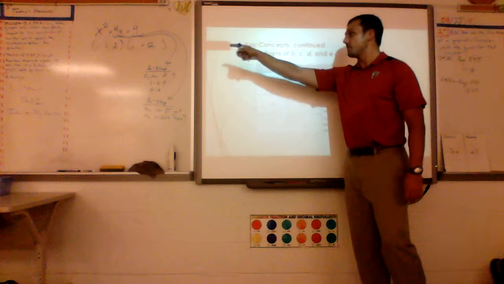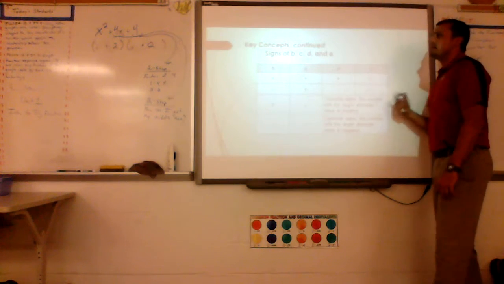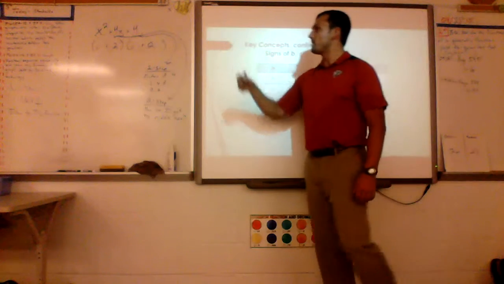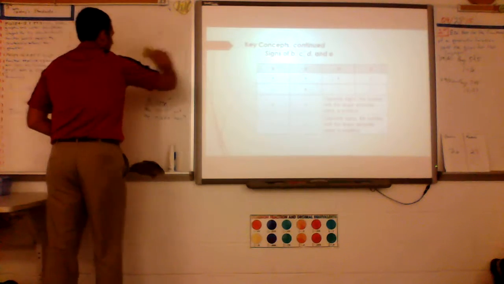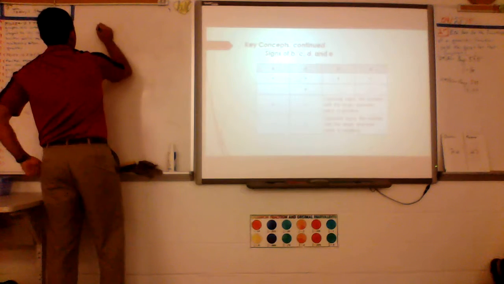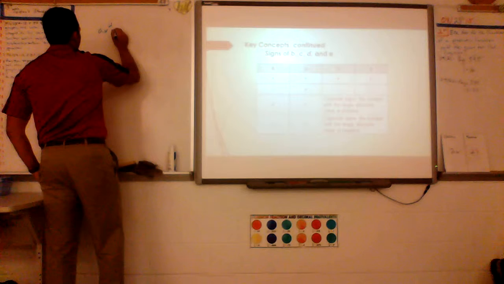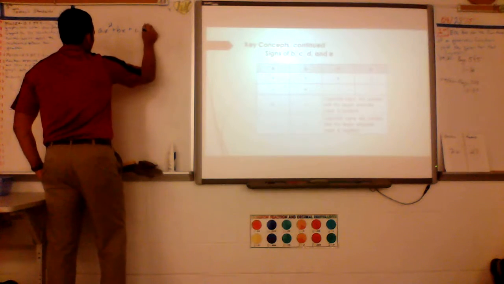If it's a negative bx plus c, then I'll have a minus and a minus. Now, probably should have written this in before, but we're going back to our standard form for a quadratic: ax squared plus bx plus c equals 0.